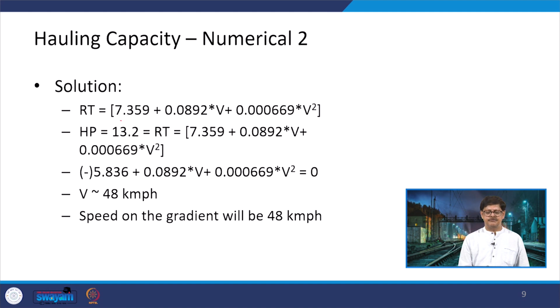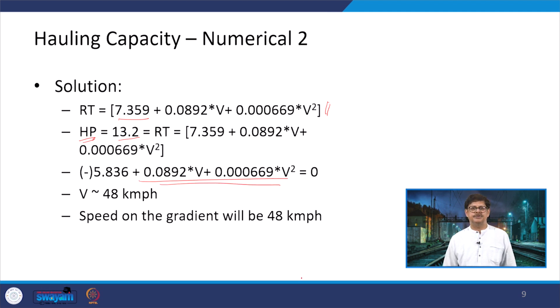Altogether it comes out to be 7.359 plus an expression in V, and we equate it with the hauling capacity, which comes out to be 13.2. Now, what is left is to solve this equation for V. It is a quadratic equation, so you can very easily solve it. On solving this equation, the value comes out to be 48 kilometers per hour. So, the speed on the gradient is going to be 48 kilometers per hour.